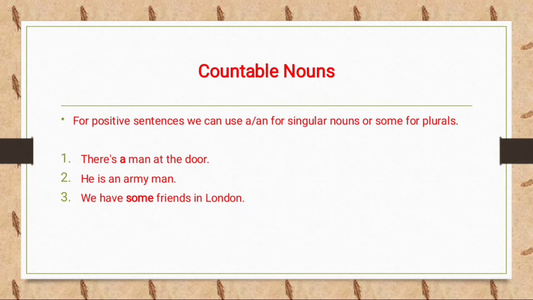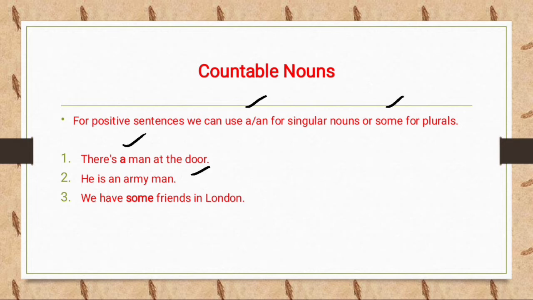Countable nouns. The first usage. For positive sentences we use a and an for singular nouns, or some for plurals, like there is a man at the door. Now here you can see that a is used. He's an army man.